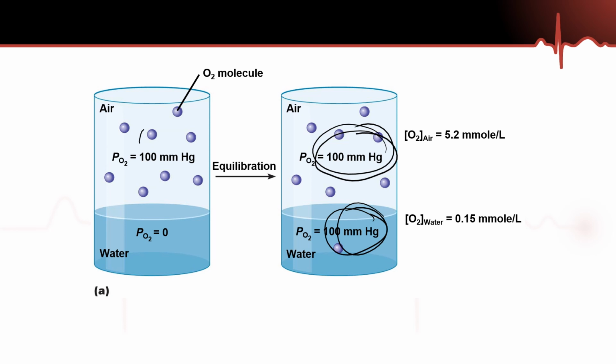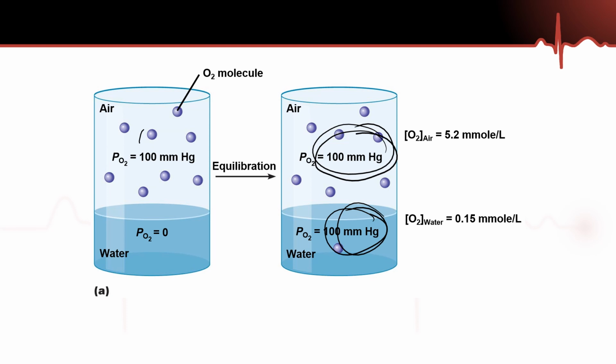So yet again, the reason that the partial pressure of oxygen within the air didn't fall at all is because very, very few oxygen molecules actually left the air. So few left that it didn't influence the partial pressure of oxygen within the air at all, right? It stays pretty much exactly at 100 millimeters of mercury. And this, of course, further explains why the concentrations are so different while the partial pressures are the same.